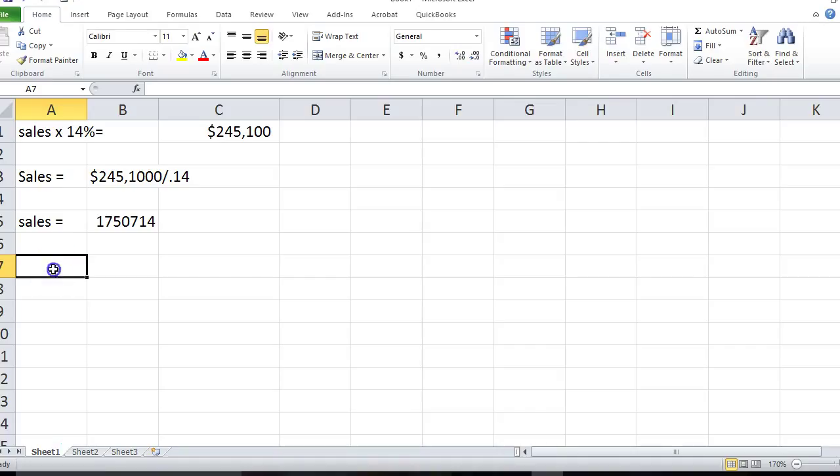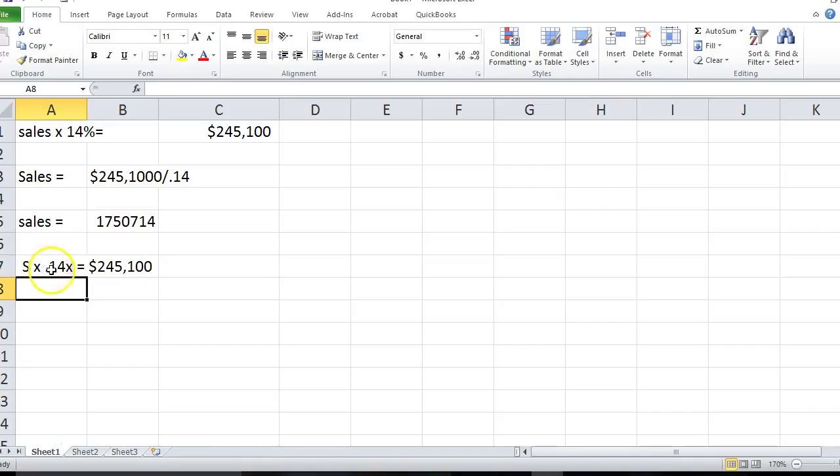Okay, so if sales are at 100% and the sales tax is 14% of this amount, okay? So if we say this is X, or I'm going to call it S. S plus 14% of S, because the tax is 14% of sales, is going to equal 245,100. Does that make sense?